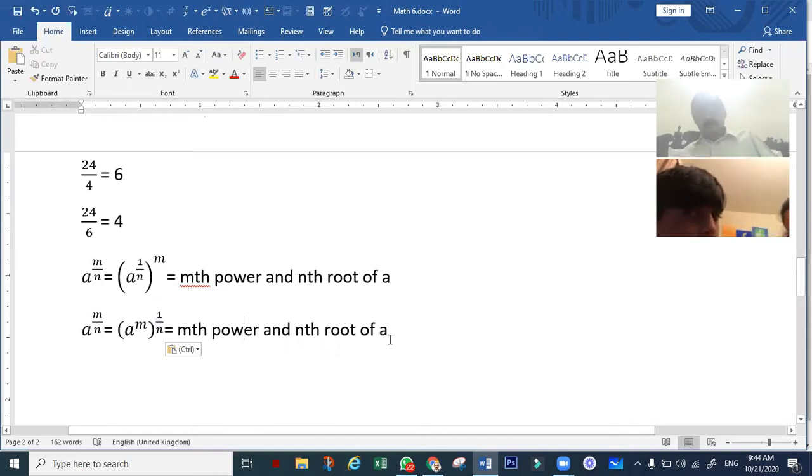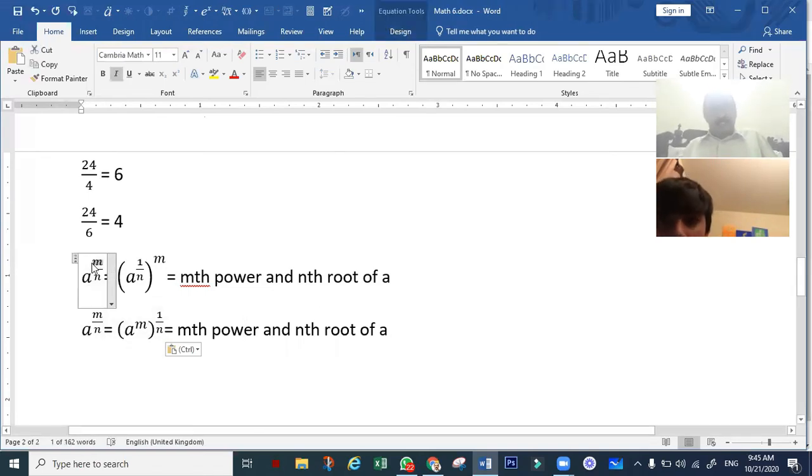The same as this. No problem. Mth power of a and nth root of it. है ना? कोई फर्क पड़े? No फर्क at all. So what I've told you is that the number in the numerator, in the exponent as well, denotes the power. The number in the exponent and in the denominator is the root.